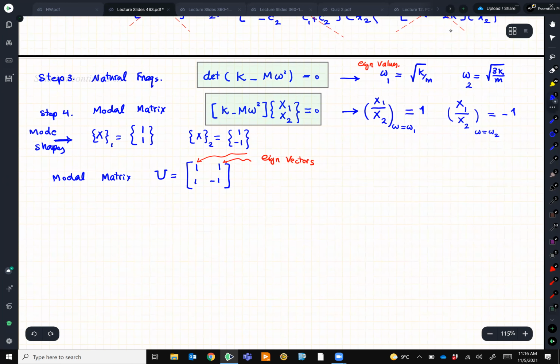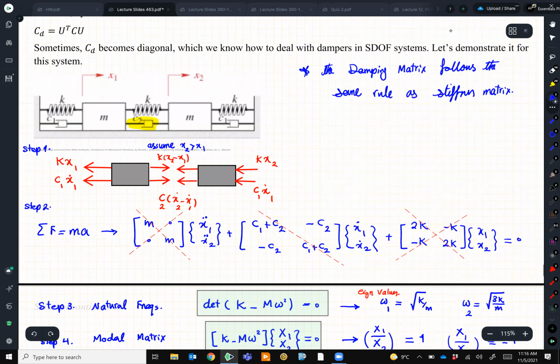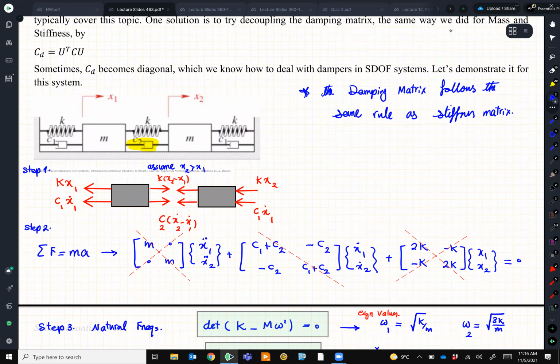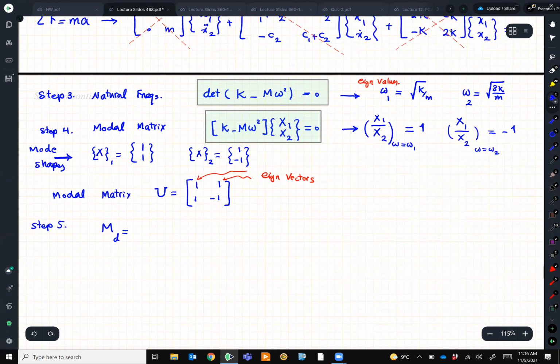Okay, so step number 5 is we need to decouple everything. So I have a mass matrix, my decoupled mass matrix. One thing that you need to remember, our mass matrix is already decoupled, but it still has to go through the new equations, so it doesn't matter if it is already decoupled. MD is U transpose M U, because remember, we are transforming everything to a new system.